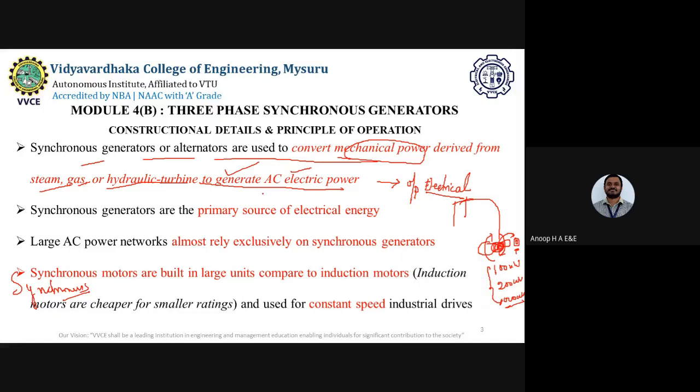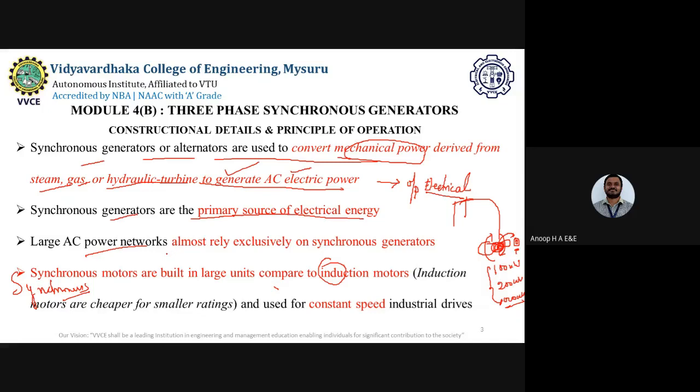Now, the generators present at the generating station are the primary source of electrical energy. Next, when this electrical energy has been generated, I'll make use of the large AC power networks that are already there in the country, which are interconnected.